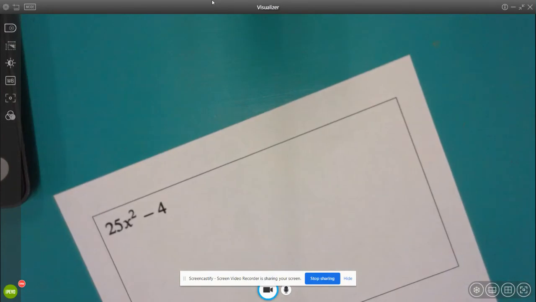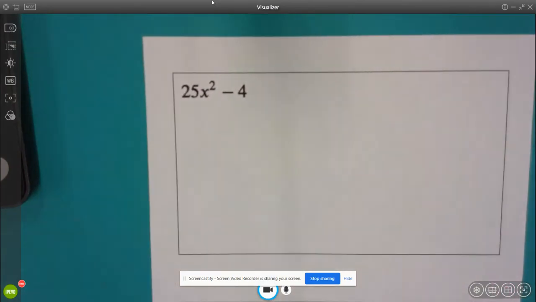And lastly, if I don't have a b term, the first thing we need to look for is if those values are perfect squares. If they are, we're going to do something similar to what we did on our last problem.